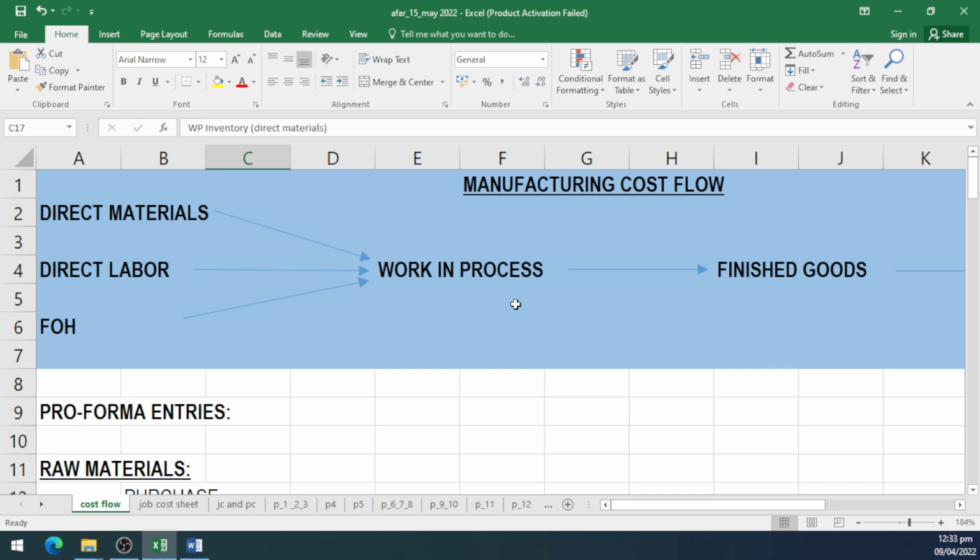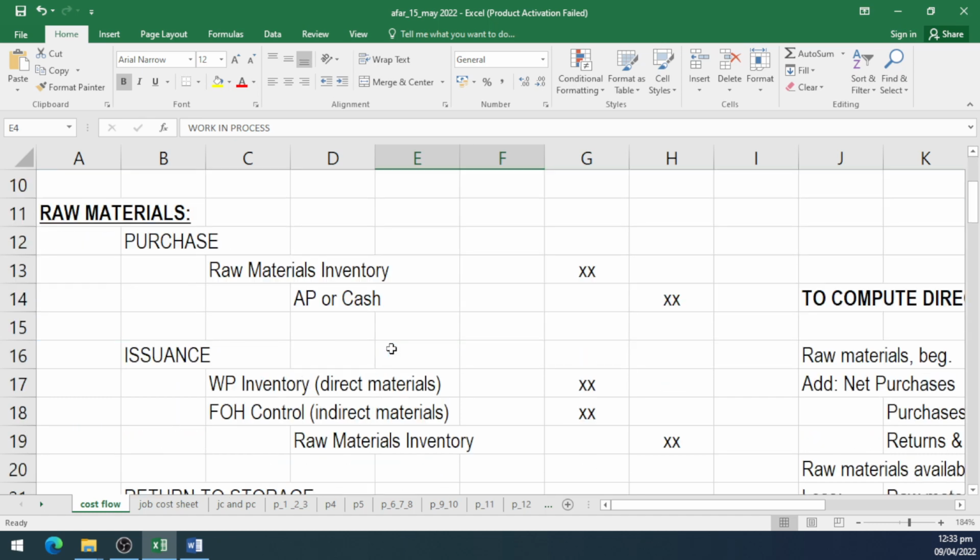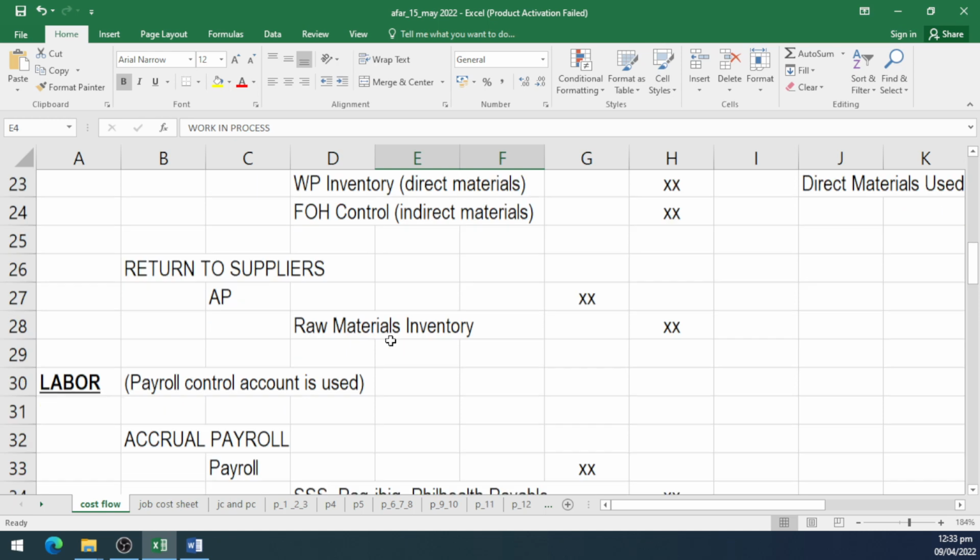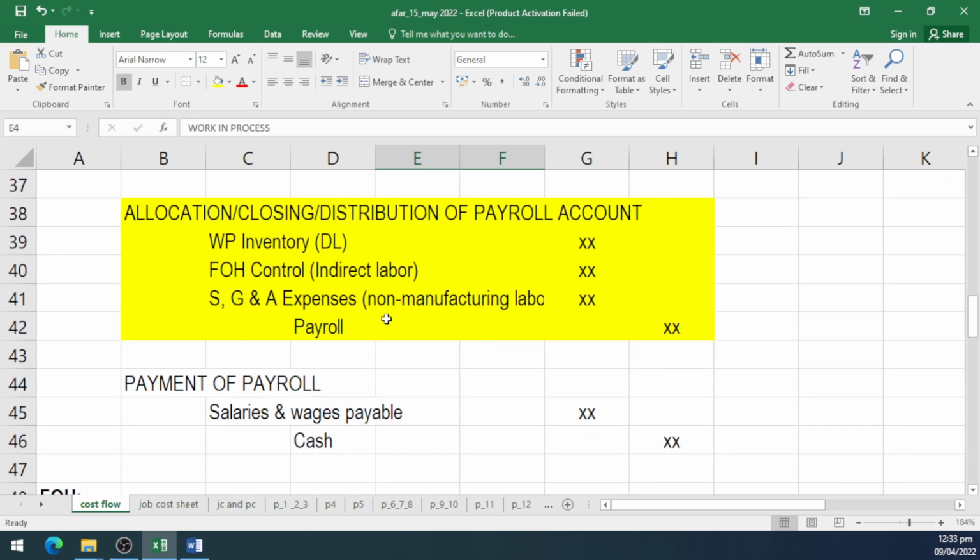Yung three elements ng manufacturing cost, nagkikita-kita dito sa work in process account habang nangyayari ang manufacturing process. Pag natapos na, lilipat sa finished goods. Pag nabenta, lilipat sa cost of goods sold. Yan po ang ating labor cost accounting.